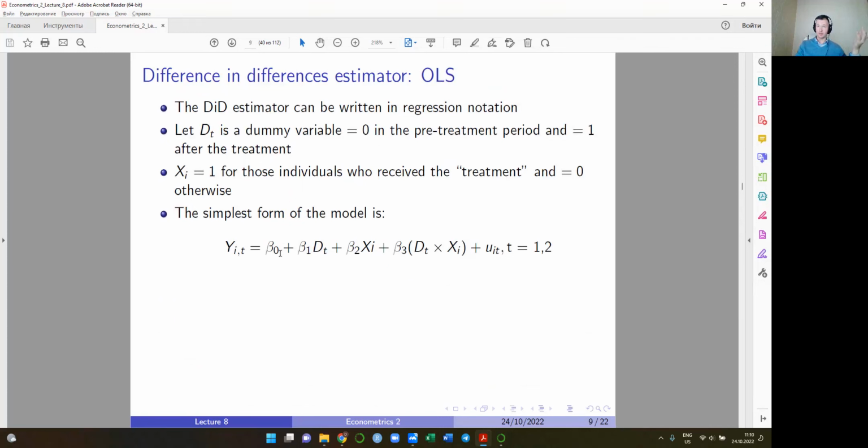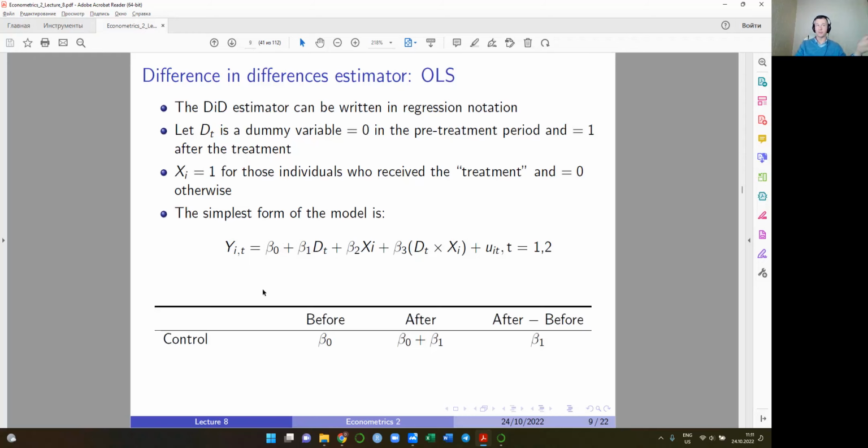It's beta 0. And what is the group for which d and x are 0? This is the control group before the treatment occurred, in the pre-treatment period. So the sample average for the control group is beta 0 hat, the estimate of beta 0. And the population average is beta 0.